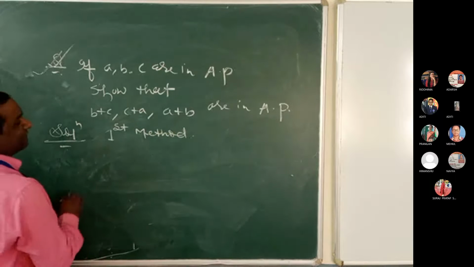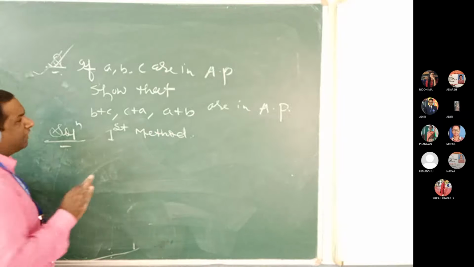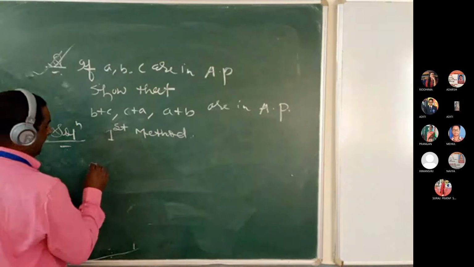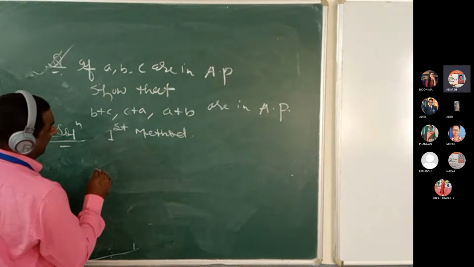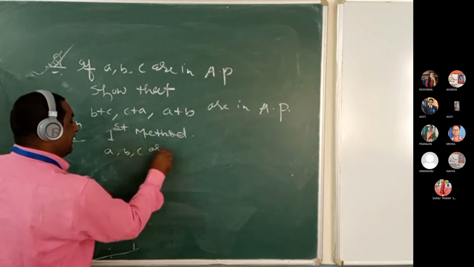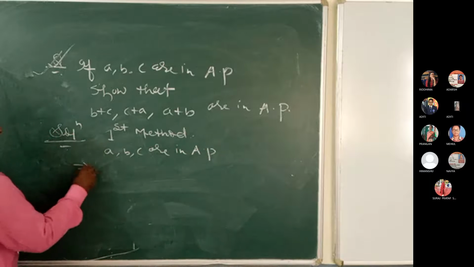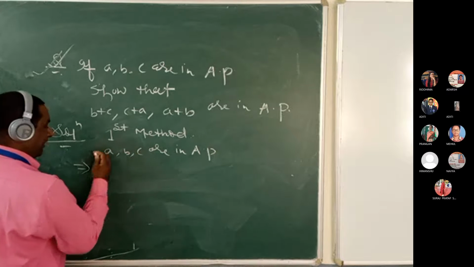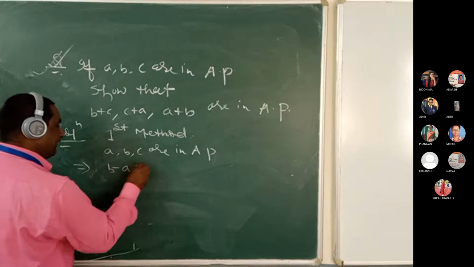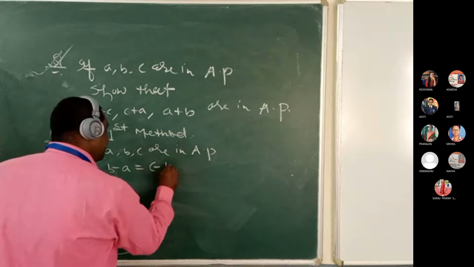Now, first method. What is given in the question? A, B, C are in AP. What is the information from this statement? Second term minus first term is equal to third term minus second term.